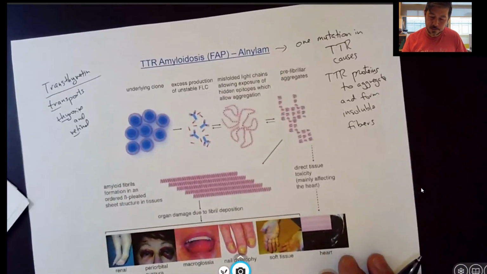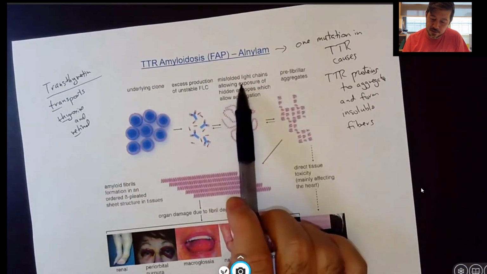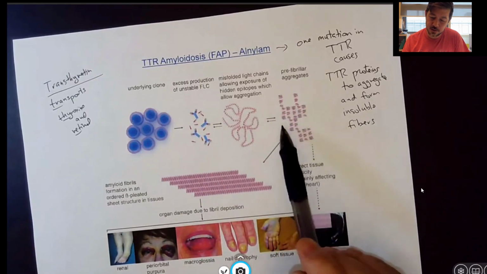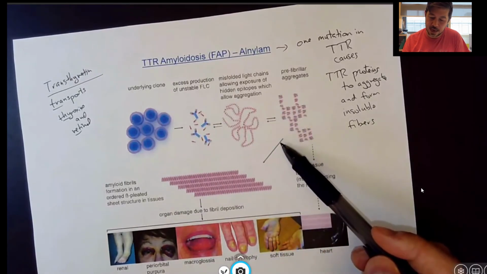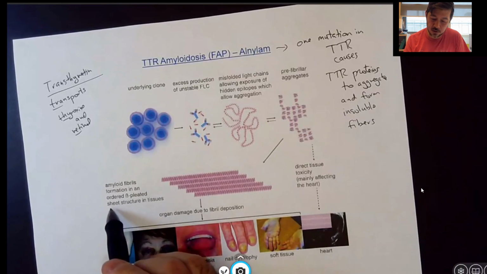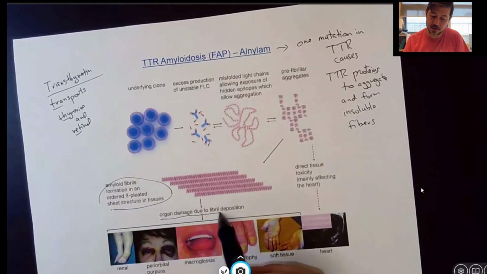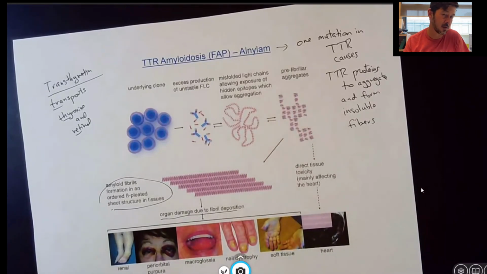So you can see that these misfolded chains are now stacking up onto each other, and then these amyloid fibrils form ordered beta-pleated sheet structures in these tissues. Because of this deposition within the organs, this can lead to issues in the heart, renal failure, nail dystrophy, very soft tissue.